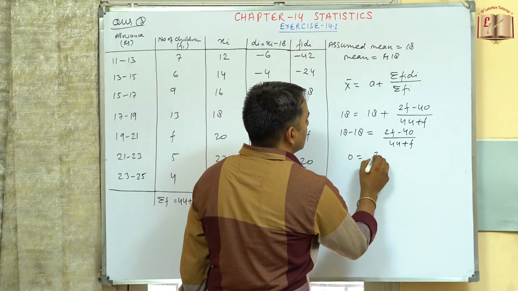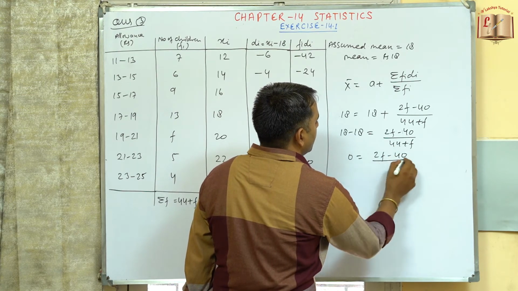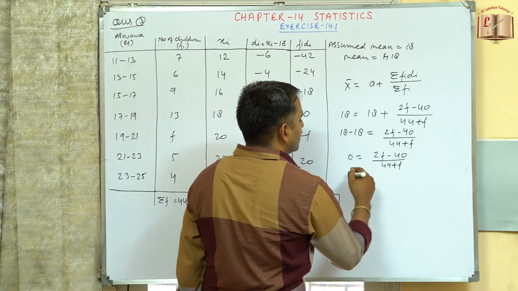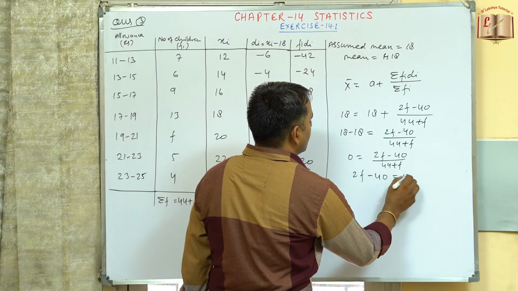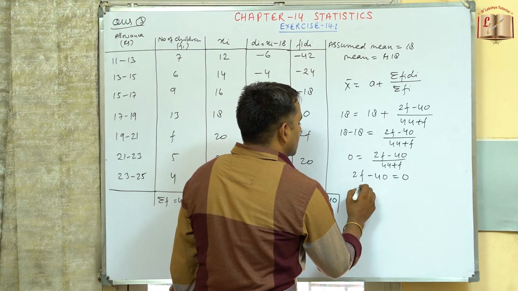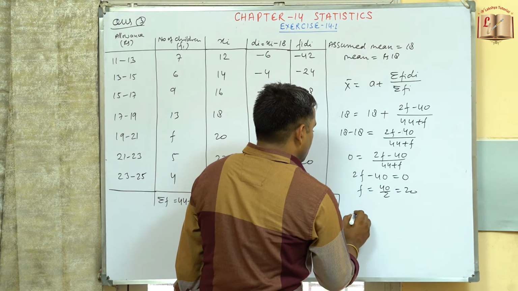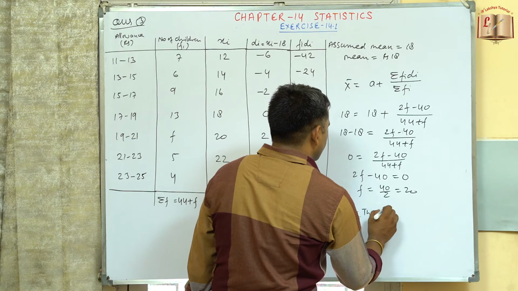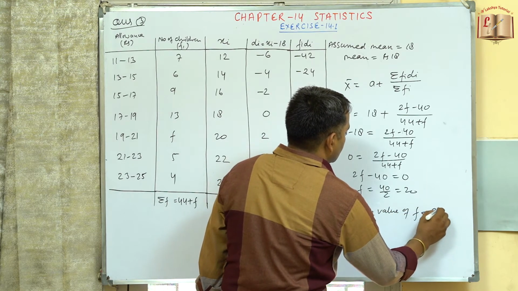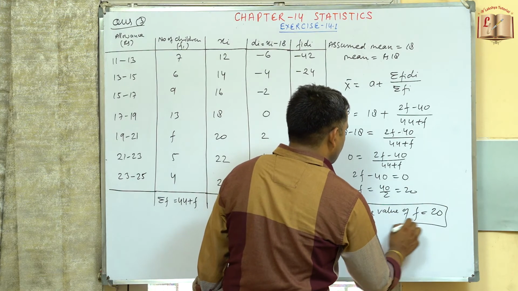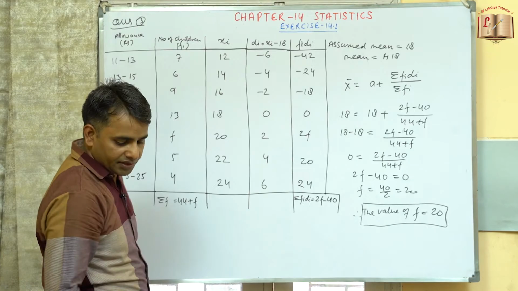So this is 0 equals to 2f minus 40 divided by 44 plus f, or on cross multiplication we got 2f minus 40 will be equal to 0. So f will be equal to 40 by 2, so this is 20. So therefore the value of f is 20. So we got the missing frequency. So for us the missing frequency is 20.